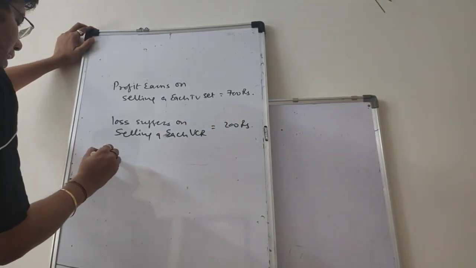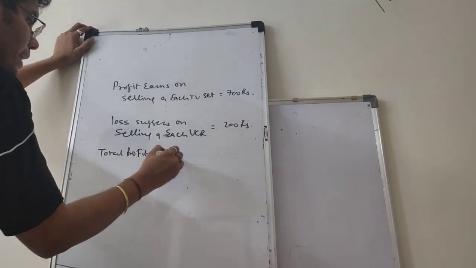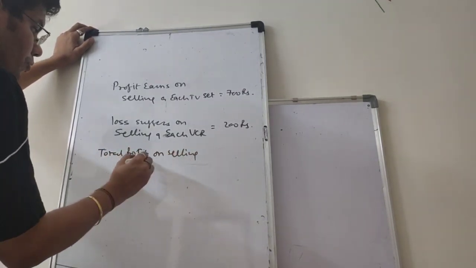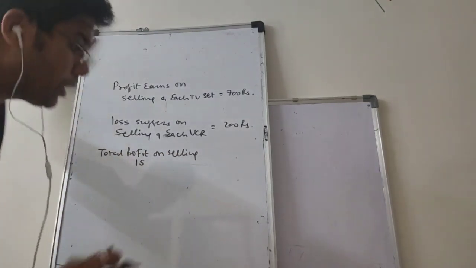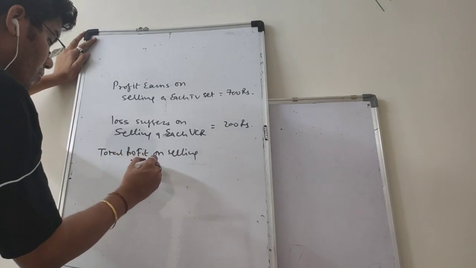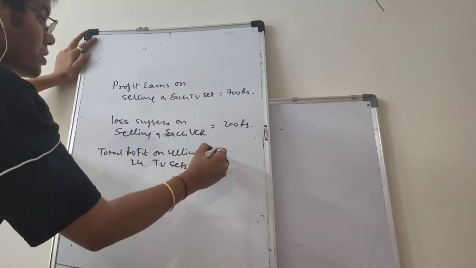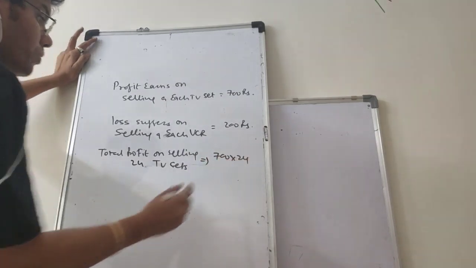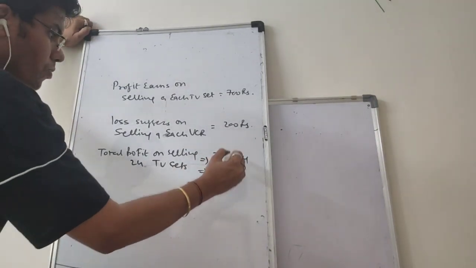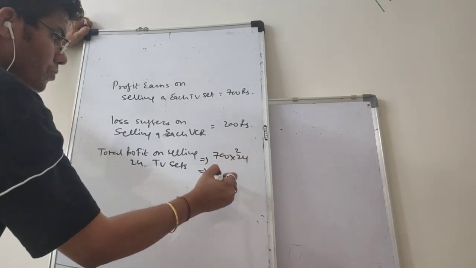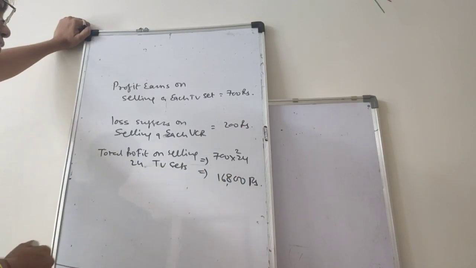So now first calculate the total profit on selling 24 TV sets. That is 700 into 24. So that total is 16,800 rupees. That is the total profit.